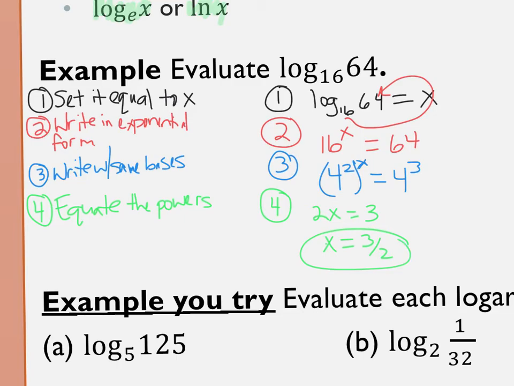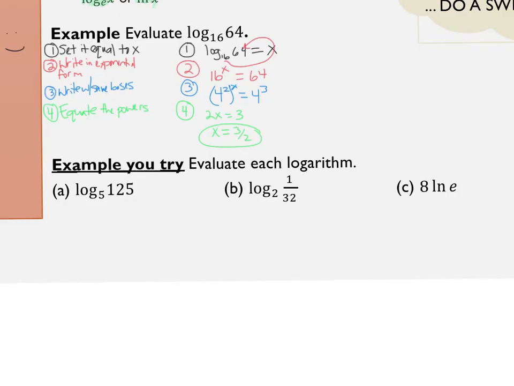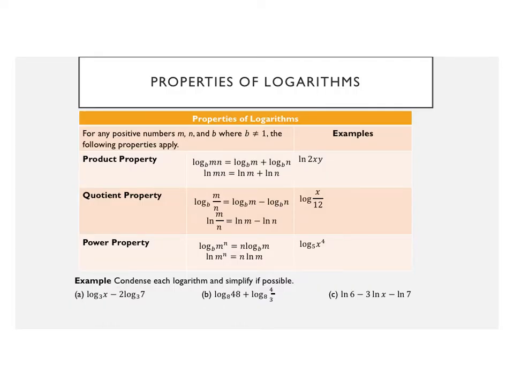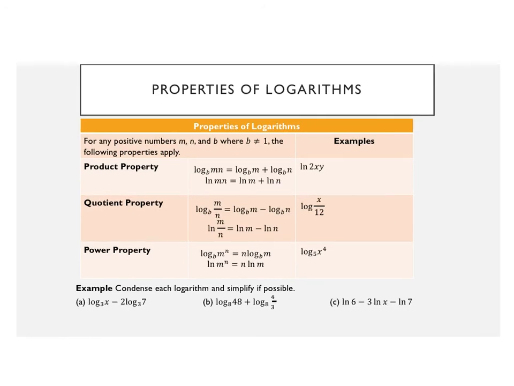That's it. Take a minute or two and try these example u-tries. Hopefully you find for A to be 3, B is -5, because remember if it's 1 over 32, the exponent is negative, and 8.